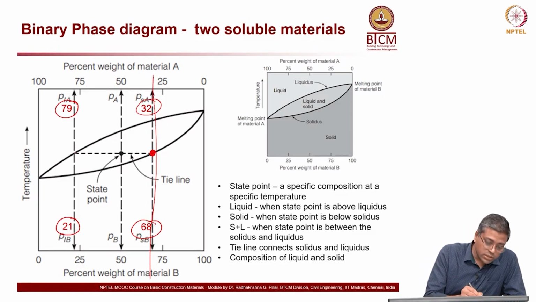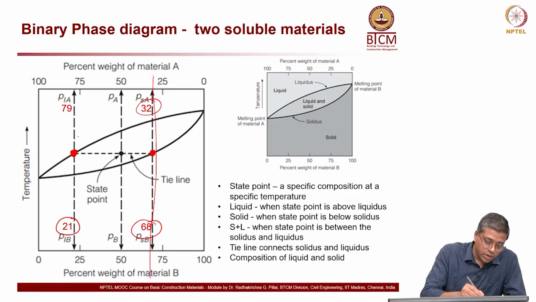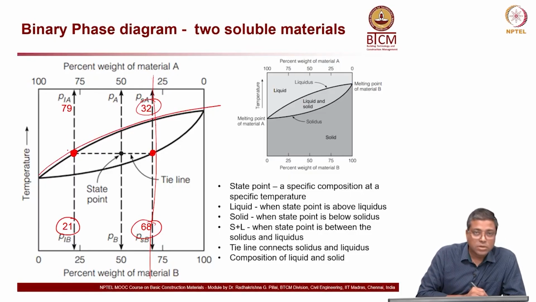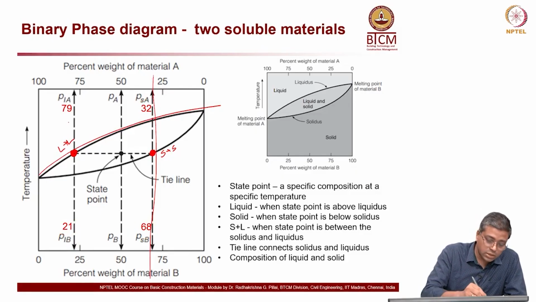So, the first case was here. If I take this point, I can say that point has 79% of A in liquid phase, because this is my liquidus line, and 21% of material B in liquid phase. So, both are liquid plus liquid here, and here if I take this point, both are solid plus solid. I think that is clear now.